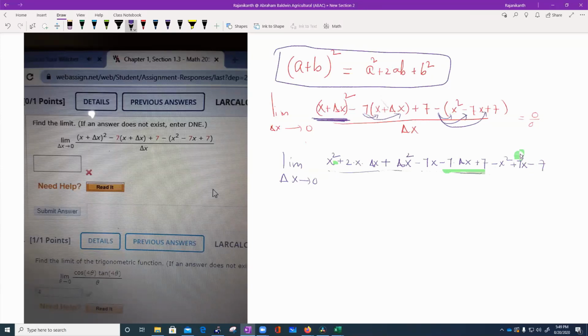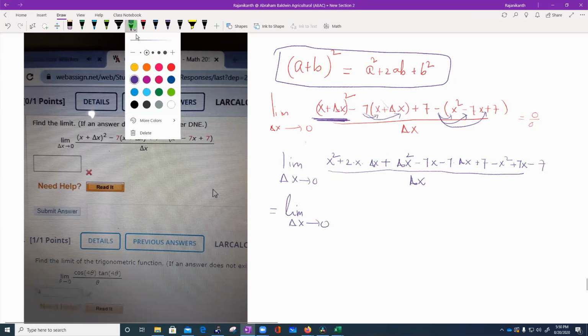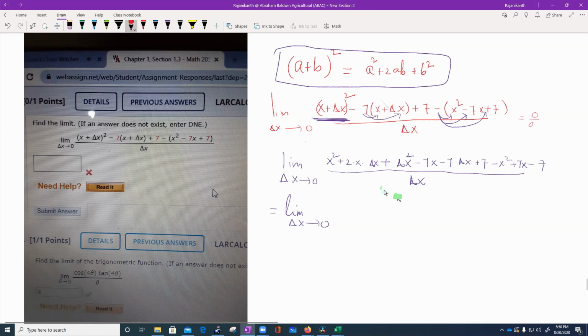In the denominator, of course, we have just delta x. Now what are we going to do? We are going to simplify the numerator piece. There are a lot of terms going away. What are the terms going to vanish? I see that your 7s go away. What about x squared?